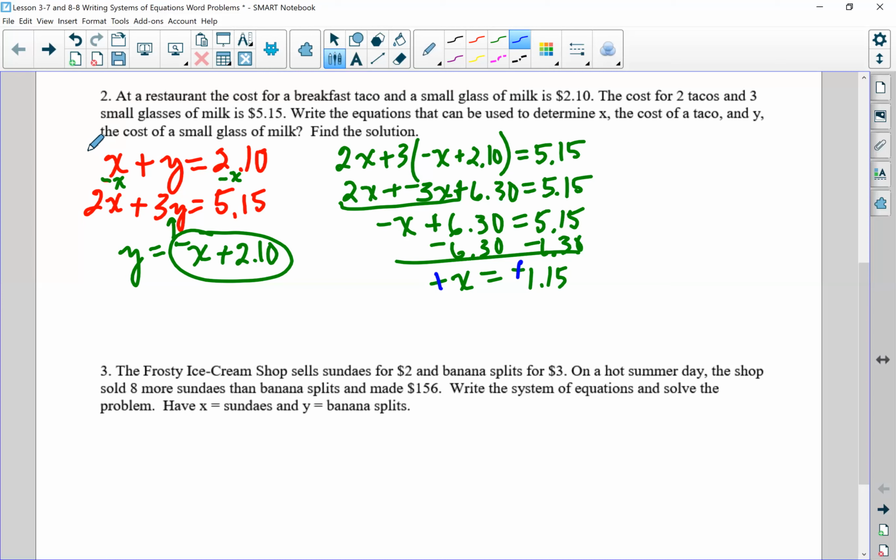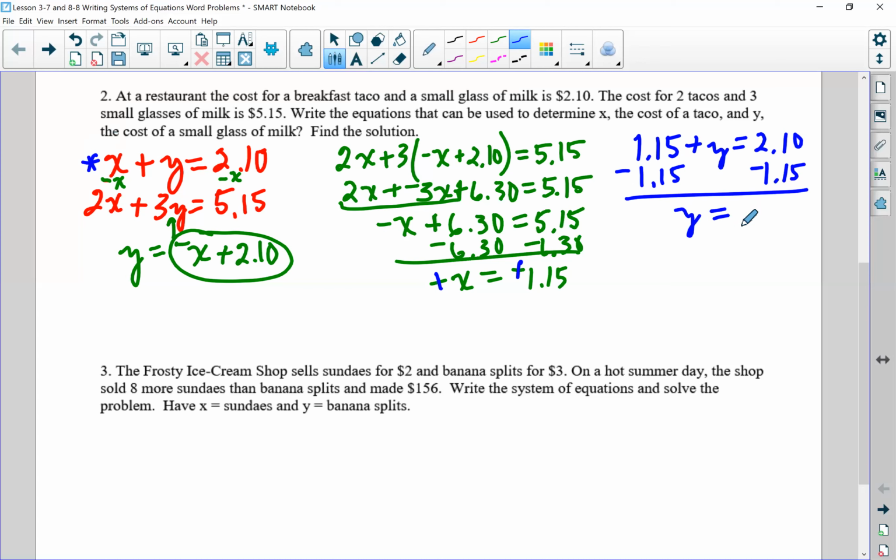So I go back up here to this equation and I say $1.15 plus y equals 210. I subtract $1.15 from both sides, and I will get 95 cents, 0.95.